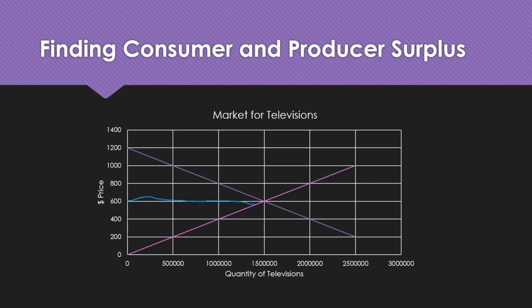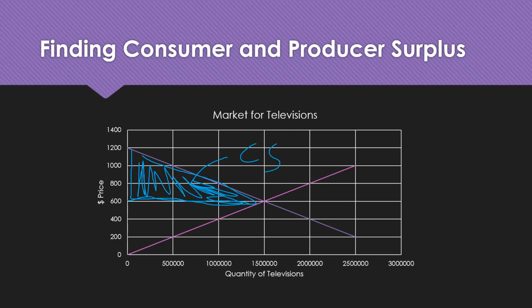And so if you take the demand curve, the y-axis or the price axis, and the price they actually pay, and you fill this in, this area is actually going to be our consumer surplus.